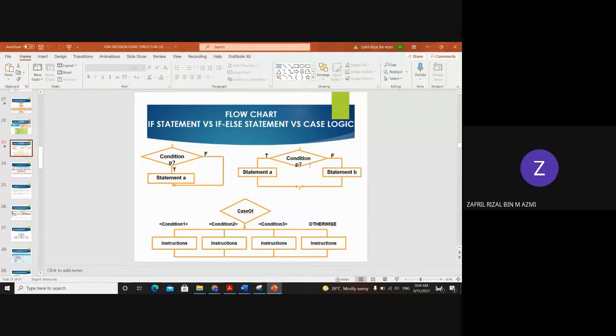Then we look at the biselection, where we also have a single condition. Only one condition, that's why we use only a single diamond symbol over here. But in both conditions, true and false, there's at least one statement.